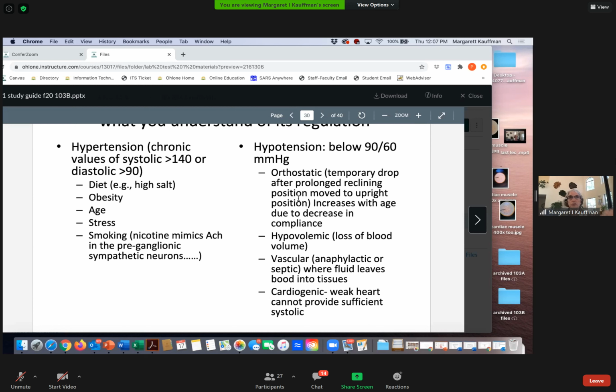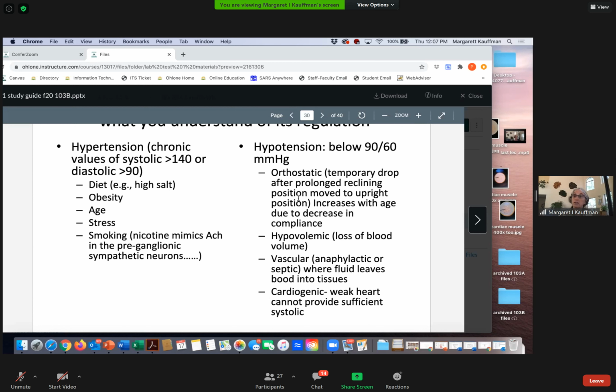So let's say normally your blood pressure during normal activity is 120/80. If you become bedridden, it may drop because you're not doing as much, you don't need as much cardiac output, and you don't have to fight gravity with your heart contractions. So your baroreceptors may reset to maybe 110/80.